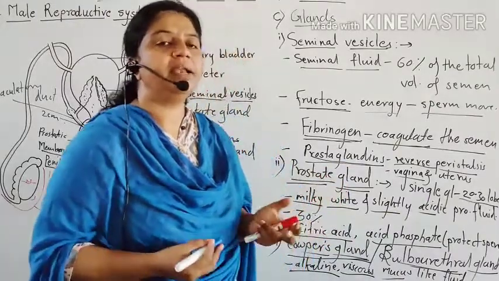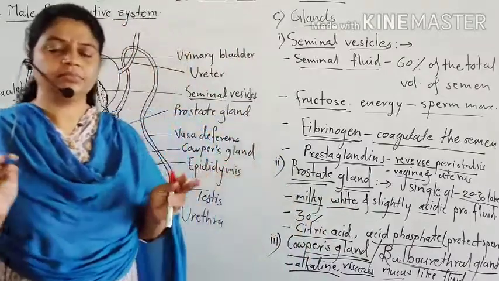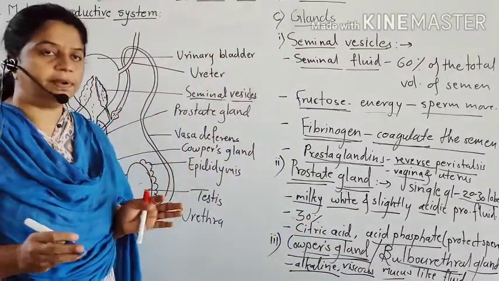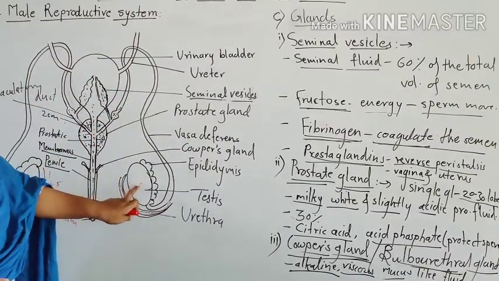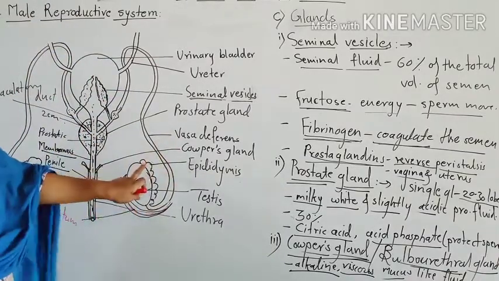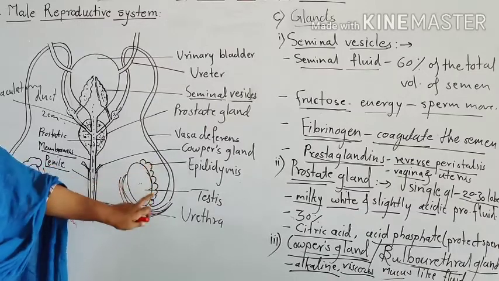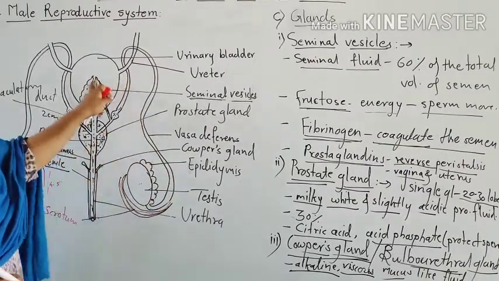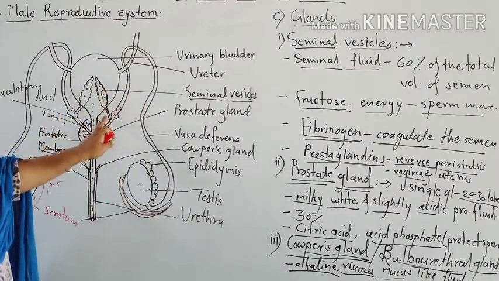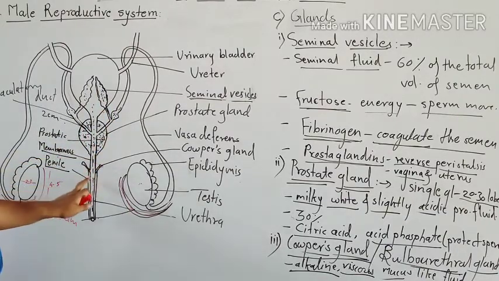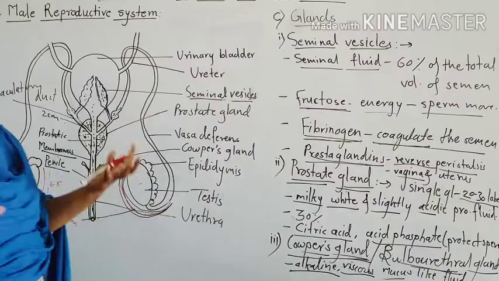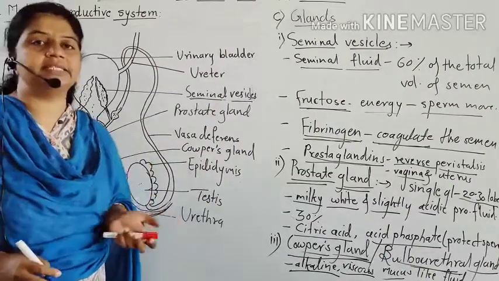And what is semen? Semen is the secretion of the male reproductive system. It consists of sperm from the testes, then epididymis secretion, seminal vesicle fluid, prostatic fluid and corpus gland mucus. All these together are called semen.